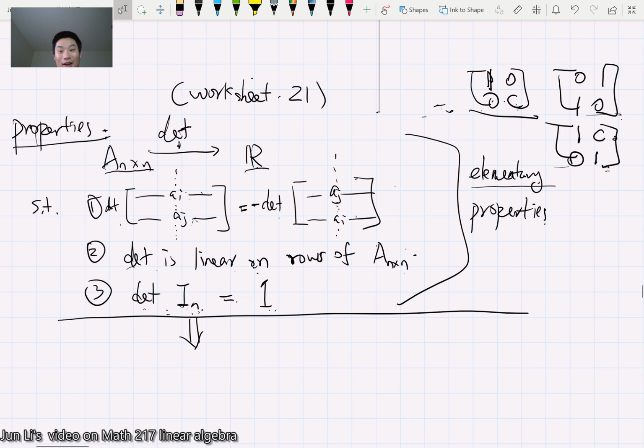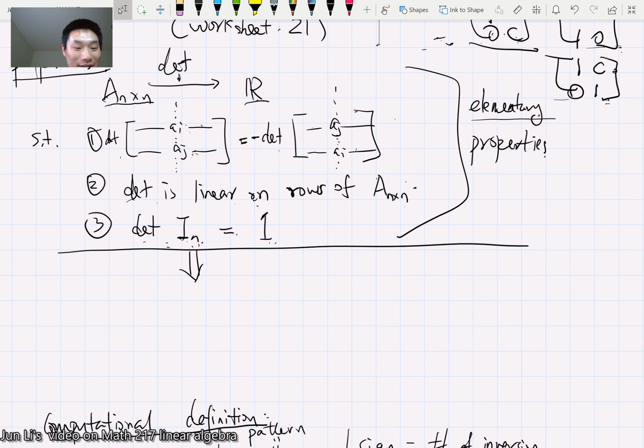Then I think there are some less important properties as corollaries, properties 4, 5, and 6. These are all covered in worksheet 21.